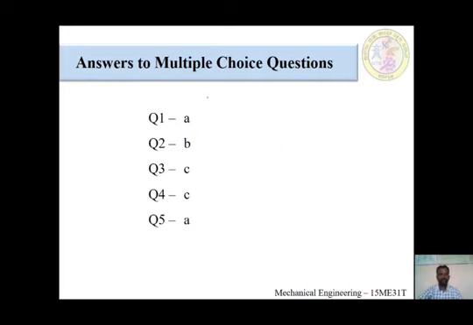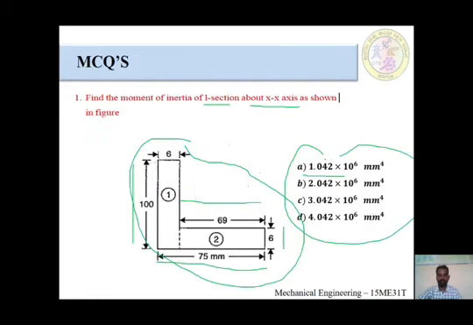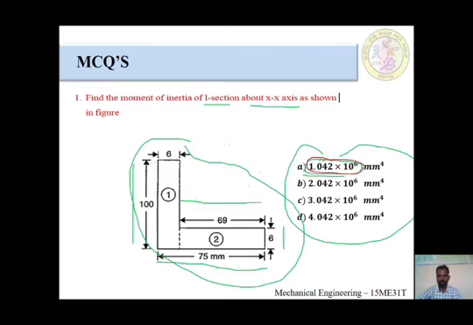And these are the answers to the multiple choice questions. First answer is A. After calculation you will get 1.042 into 10 raised to 6 millimeter raised to 4 as the answer for the moment of inertia of the L section about the x-axis.